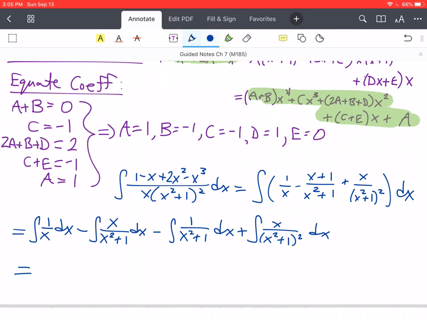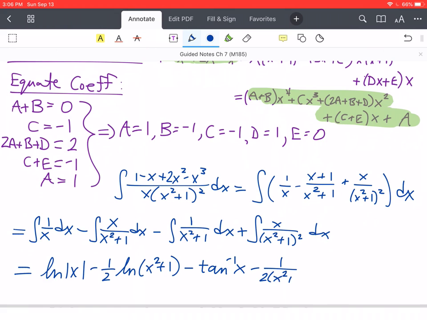So we get ln of absolute value of x minus 1/2 times ln of x squared plus 1 minus inverse tangent of x minus 1 over 2 times (x squared plus 1), and then plus arbitrary constant k.